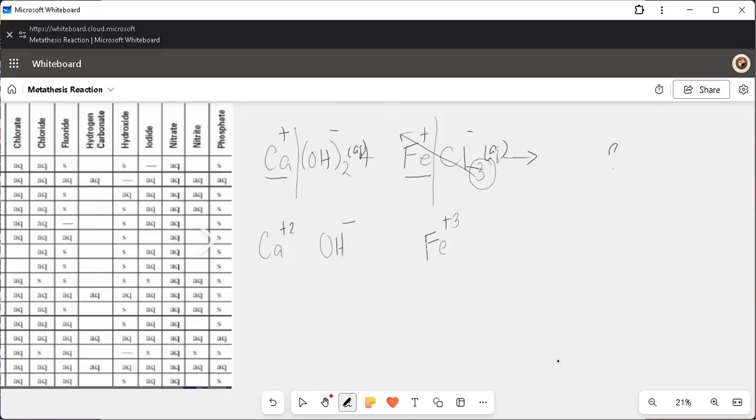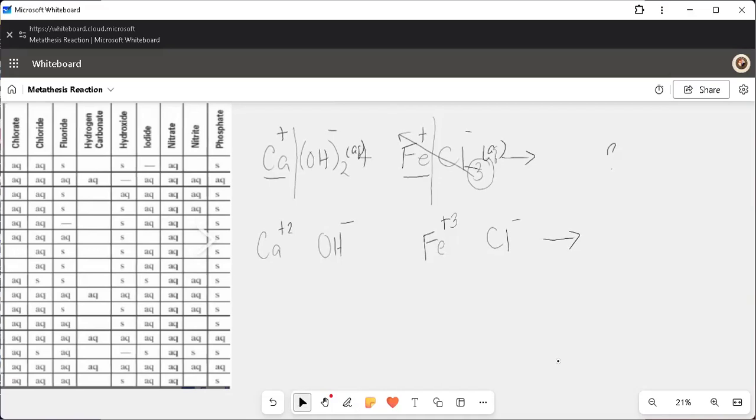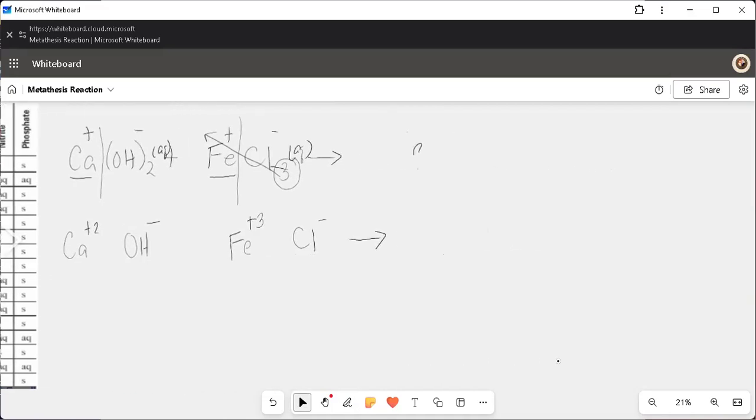Chlorine is also another element which has a fixed charge, and that is -1. So Cl negative. Now that you have the ions, you are now ready to create the product.